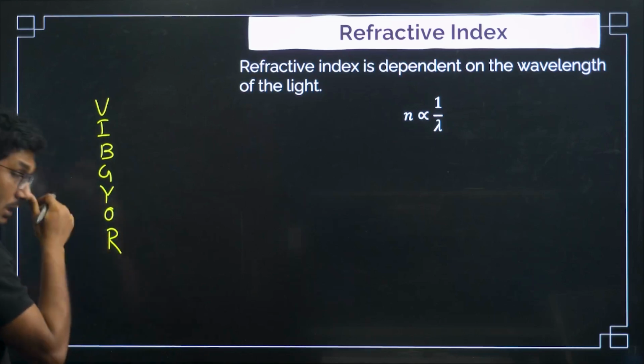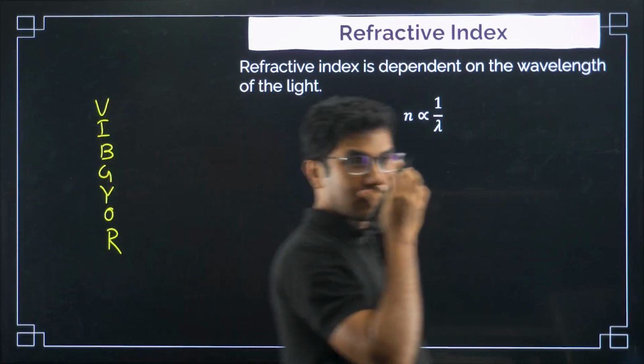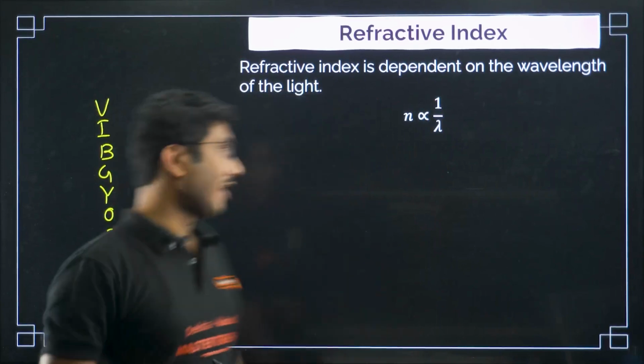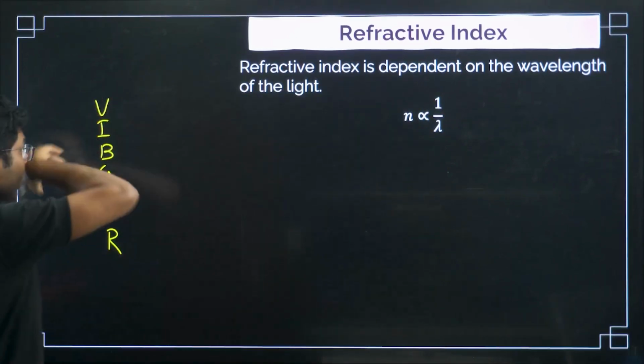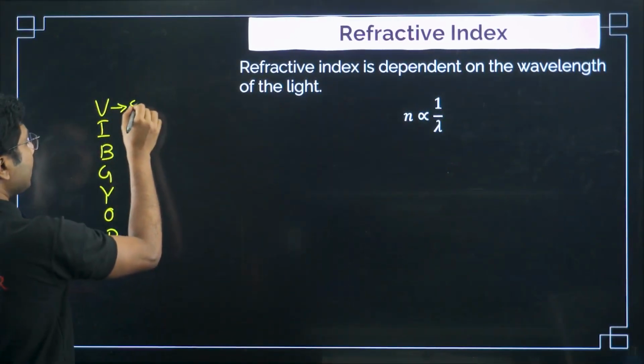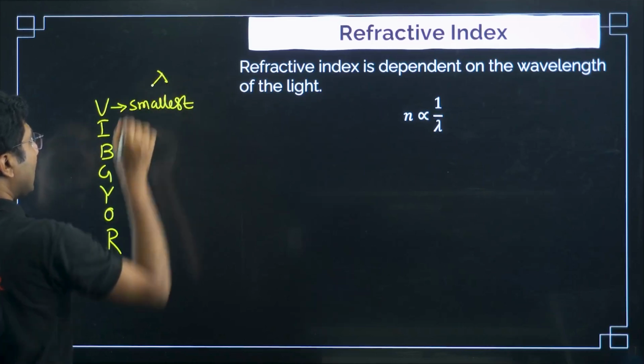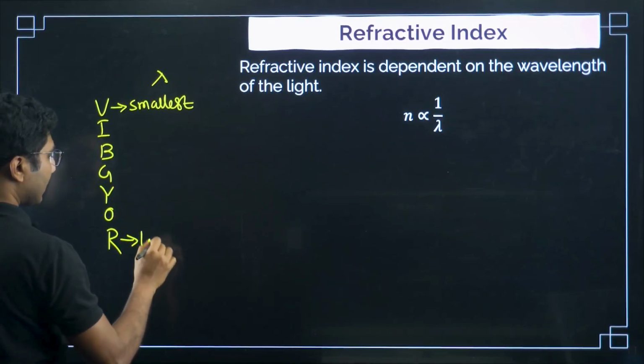Violet has the smallest wavelength, violet in the visible region, of course, and red has the largest.